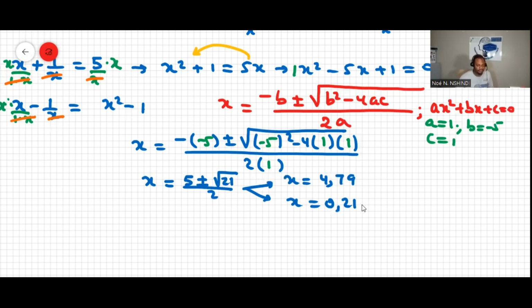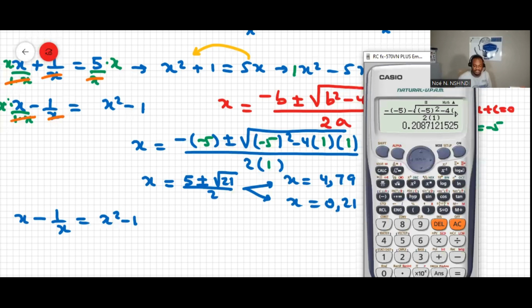Now, over here, we got x minus 1 over x equal to x squared minus 1. So this is x, those are the values of x. So we can just raise this to the power of 2, equal to positive.